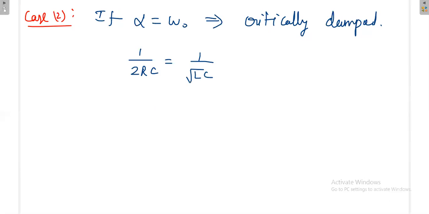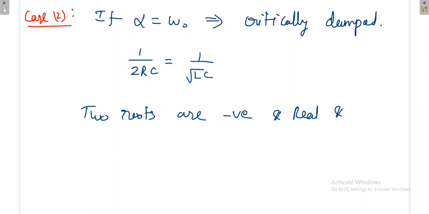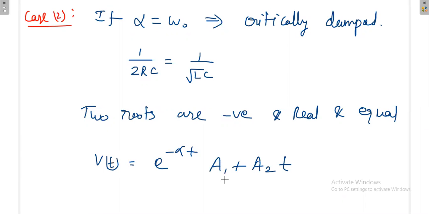Again, the two roots are negative, real and equal. Then what is the response? e power minus alpha t times A1 plus A2t, or A1t plus A2, both are okay.